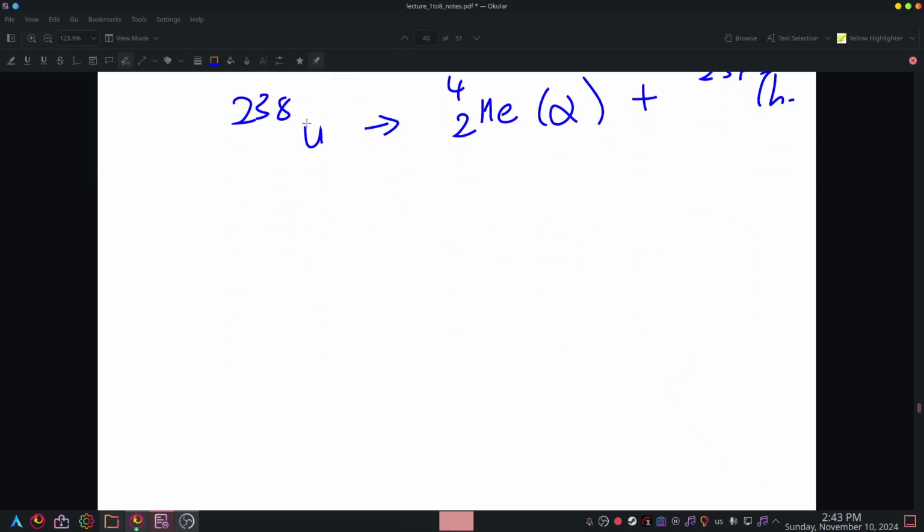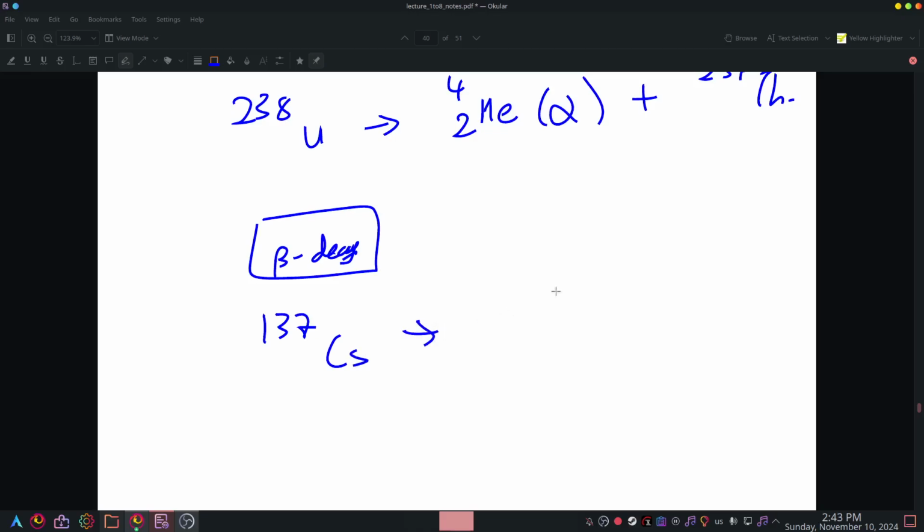Okay, beta decay, as you saw just now, with cesium-137, which is one of the problematic radionuclides after a fission test, or in some nuclear disasters like Chernobyl and Fukushima. This was one of the radionuclides that was a little bit more problematic.